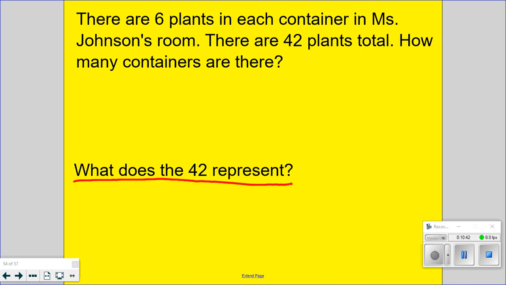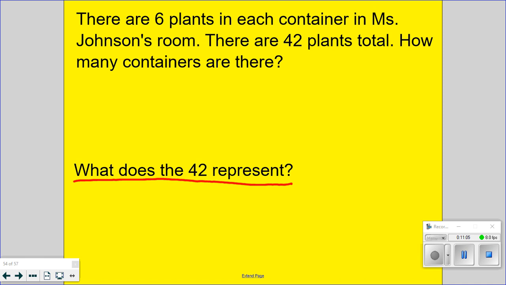Ariana, what does that word represent mean? Yeah, like what does it mean? Yeah, what does it stand for? That's another way to think about it. Well, what does that 42 mean?